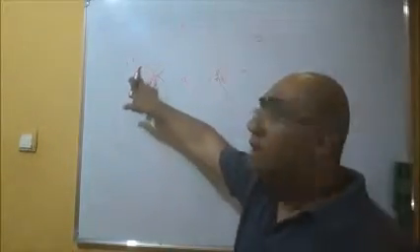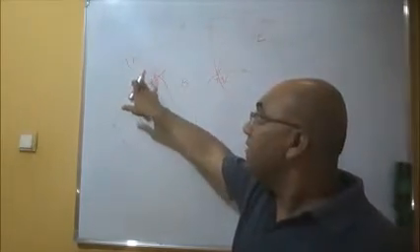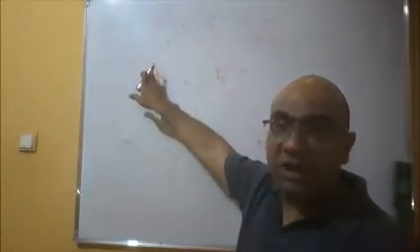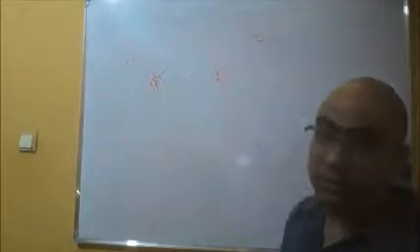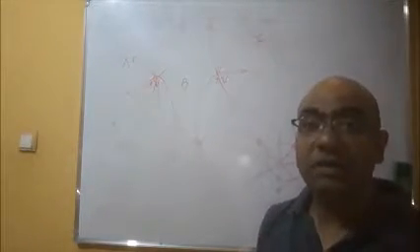You see here, this point A is comparatively closer to this point charge, while this point C is comparatively far from this point charge. So what can we conclude?